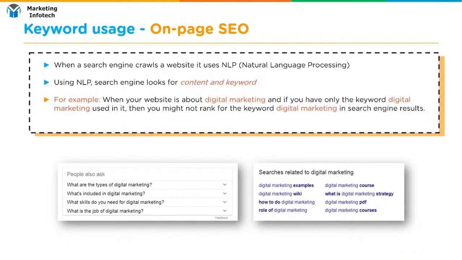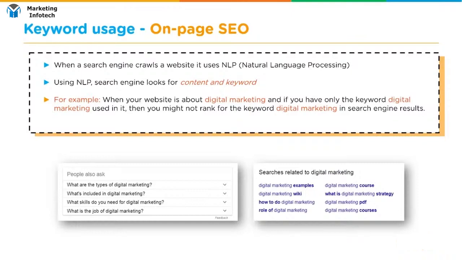One, it's too broad. Two, there might be some competition. But three, you're probably not going to write something as broad like digital marketing. So ideally, you want to choose other relevant, related keywords that are more natural. And so that's what we mean by natural language processing. We want to choose keywords that are more natural to the content you're writing.